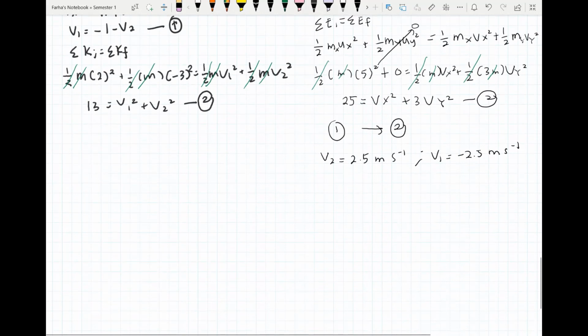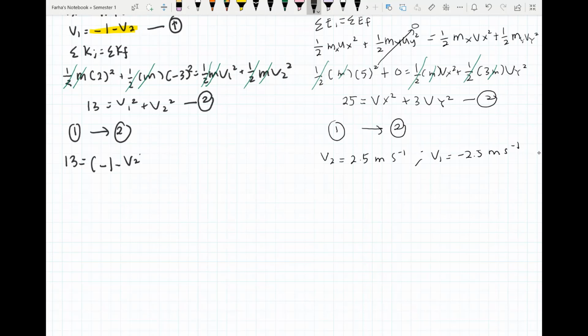So macam biasa, substitute equation 1 into equation 2. Masukkan equation 1 into equation 2. Okay, so tahu kan apa yang dimasukkan ni? Saya buatlah 13 equals to V1 adalah negatif 1 tolak V2. So, jadi saya masukkan dekat sini negatif 1 minus V2 square plus V2 square.